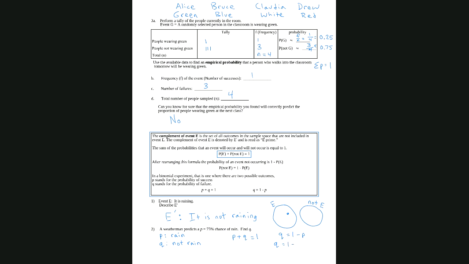I'm going to change it into decimal form, and 75% is the same as 0.75. So if we just subtract them two, we get 0.25, which is a 25% chance of it being dry.